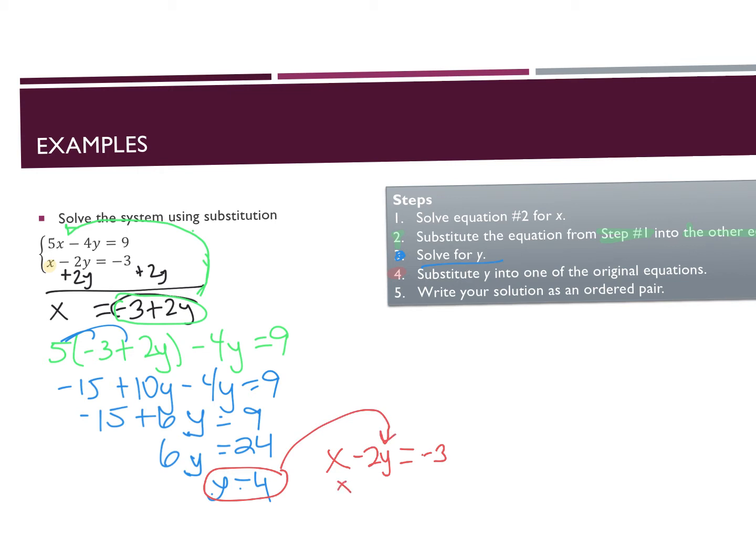So x minus 2 times 4 equals -3. Okay, so x minus 8 equals -3, or x equals 5. And the last step is to write your solution as an ordered pair, so we will do that next. So our x is 5 and our y is 4. And that's it.